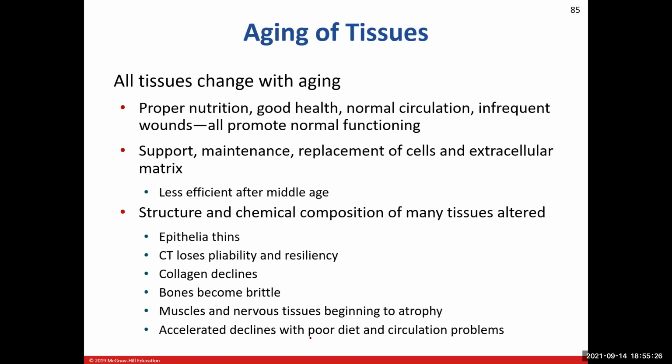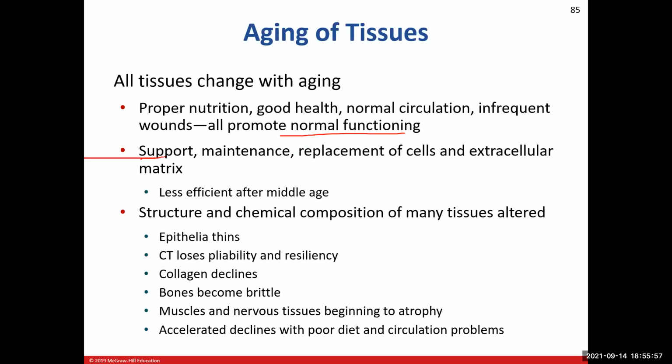The nice thing is, with proper nutrition, a healthy lifestyle, good normal circulation, and a low incidence of injuries, all of those promote normal function. But as we get older, we're going to see that some of those things decrease. So this is what happens all the time in our bodies.